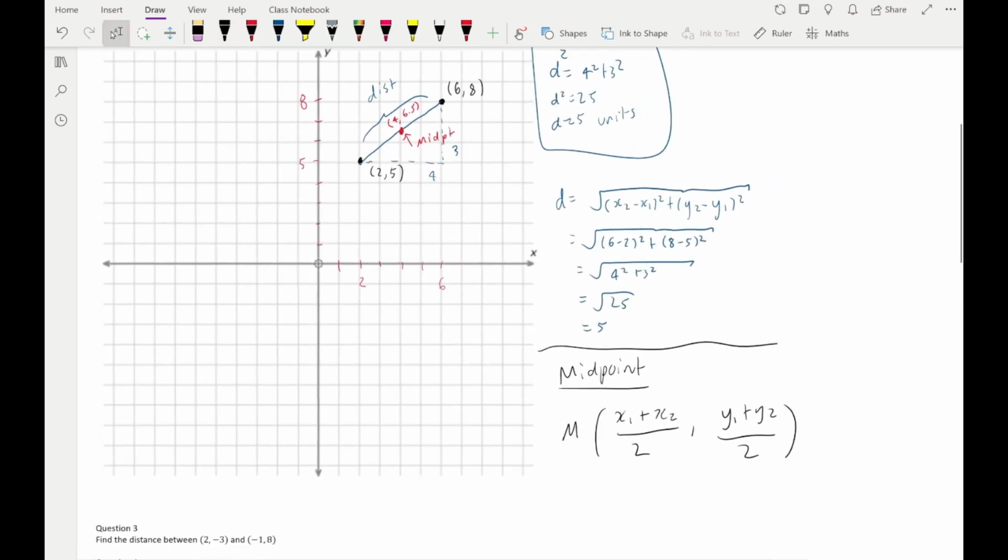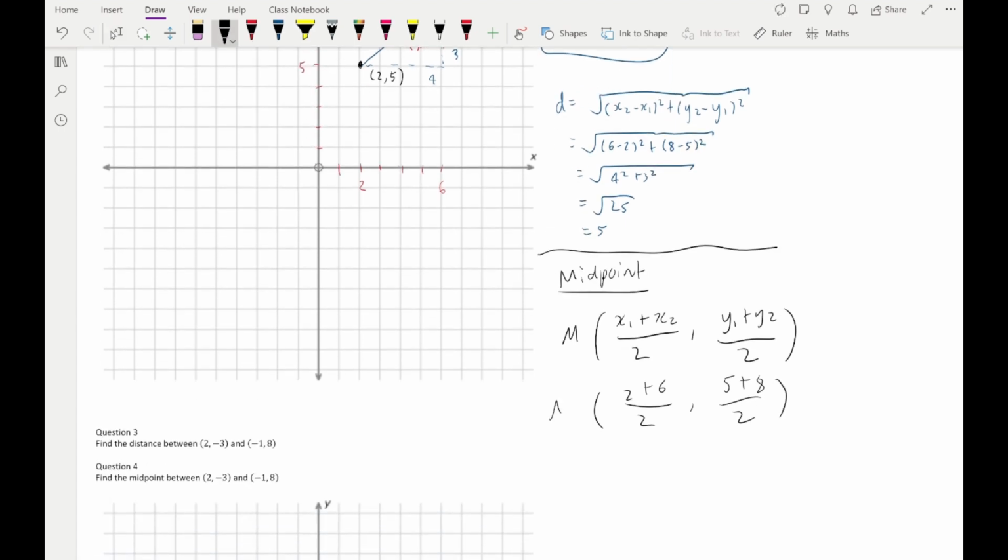So this is going to be 2 plus 6 for our x values, and the y values are 5 and 8. That becomes 8 over 2 and 13 over 2, which is indeed (4, 6.5), just as we expected. So that's how those two formulas work.